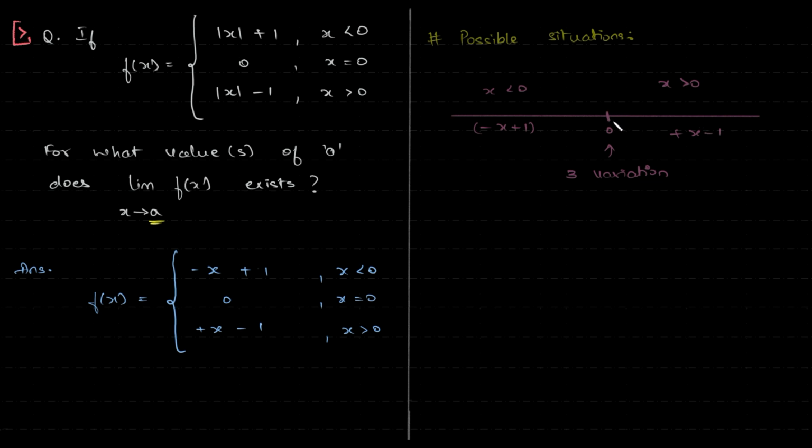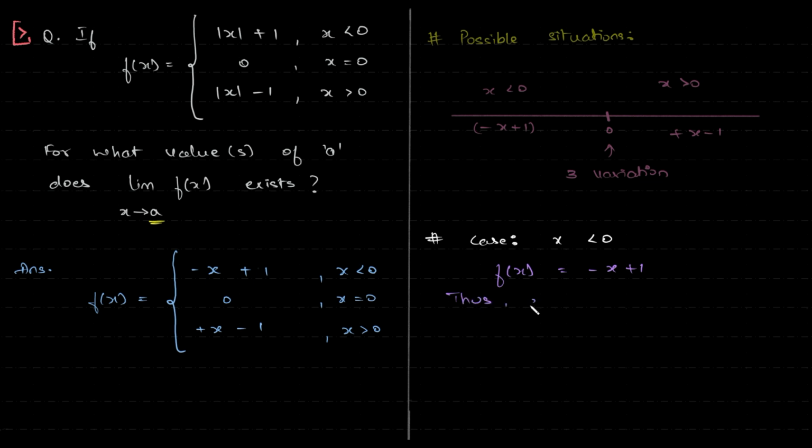At 0 is something that we have to check. So there will be three different cases. We'll start off with the case x less than 0. So what can you tell? For x less than 0, f of x is equal to minus x plus 1.